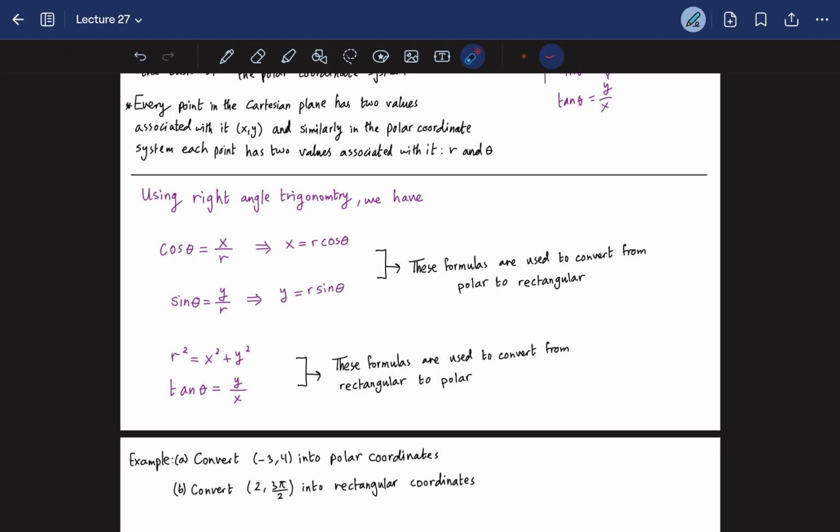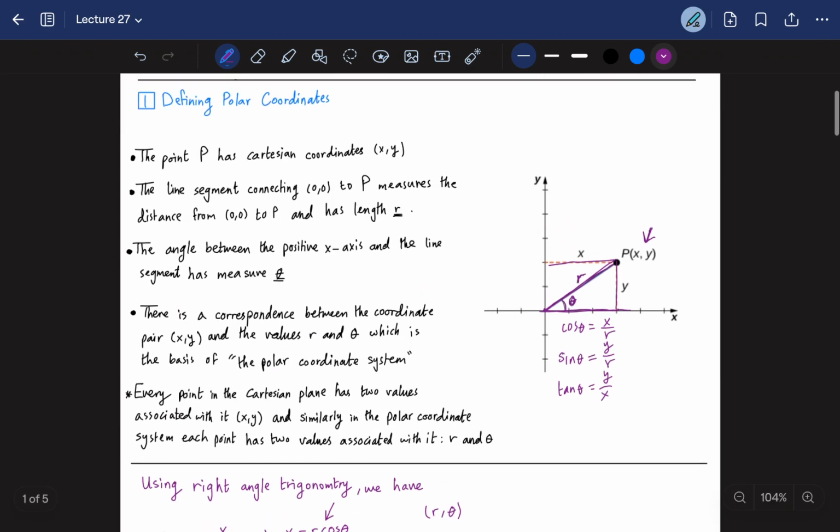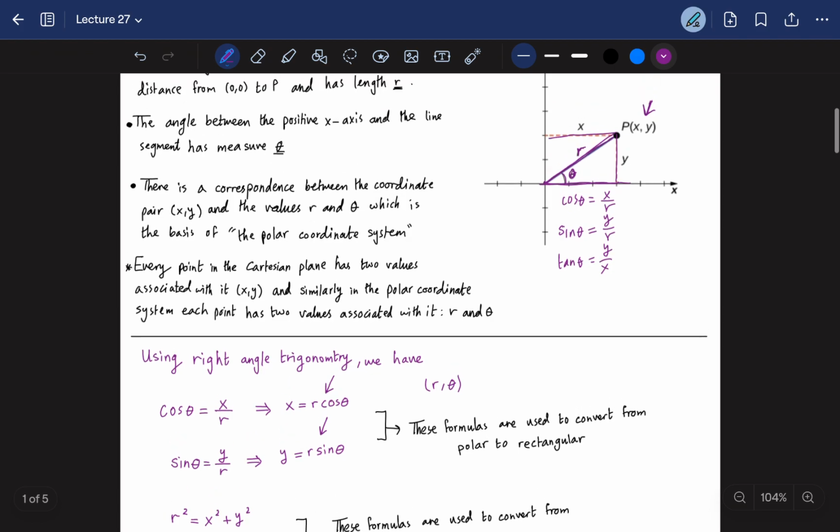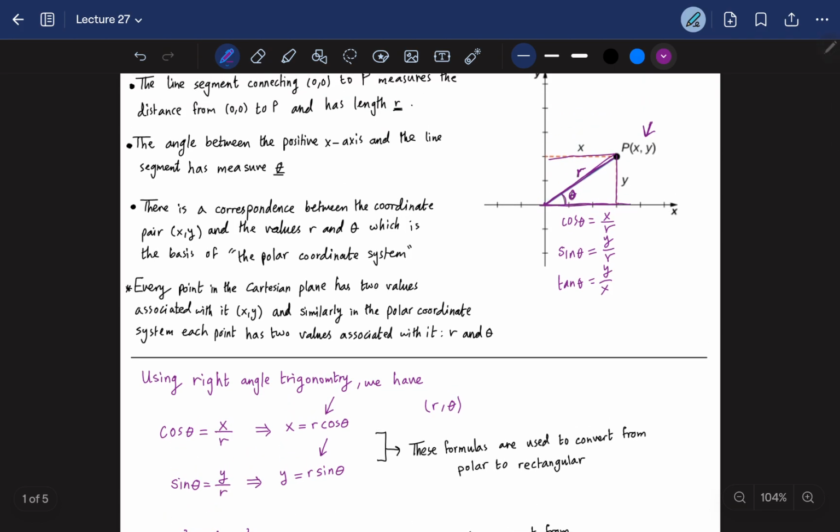So if you have a value of r, theta as a point, you can easily just substitute it into your x and y here, and you're going to get the corresponding x and y values. Similarly here, if we go back to the triangle, since it's a right angle triangle, I have the Pythagorean theorem. So we have hypotenuse squared is equal to x squared plus y squared.